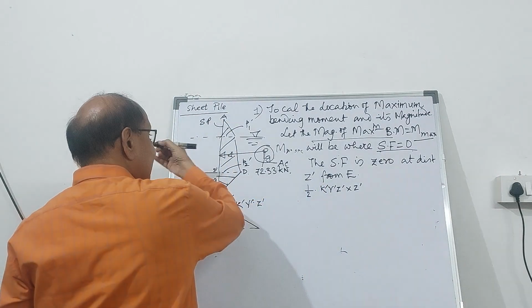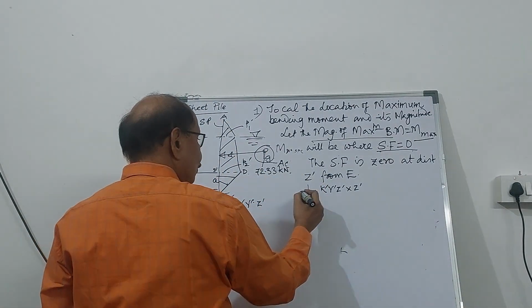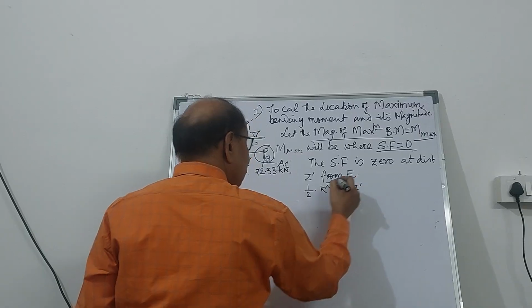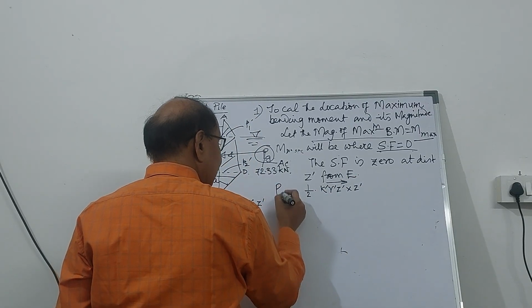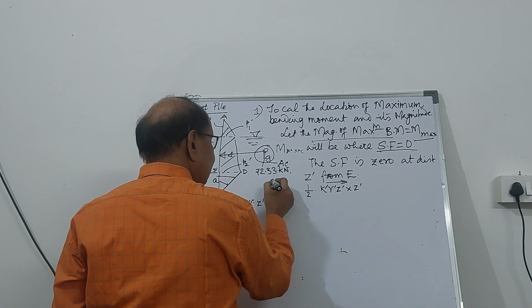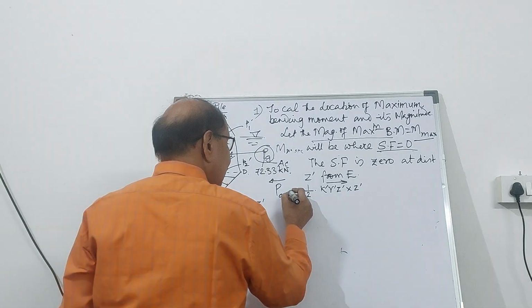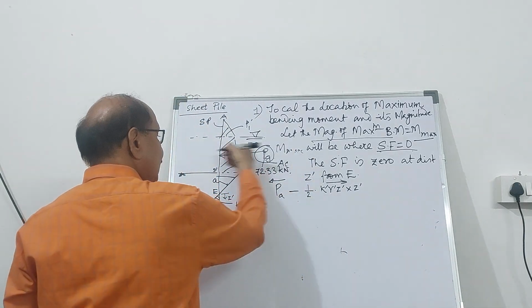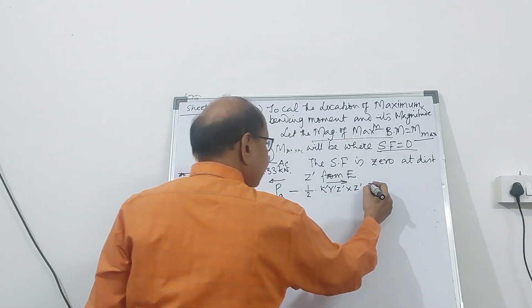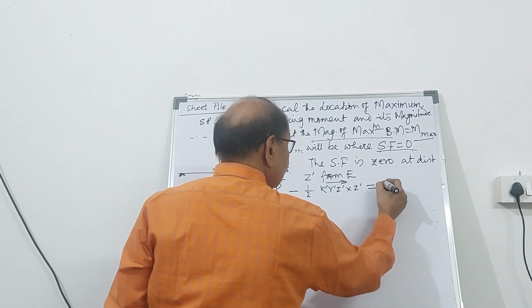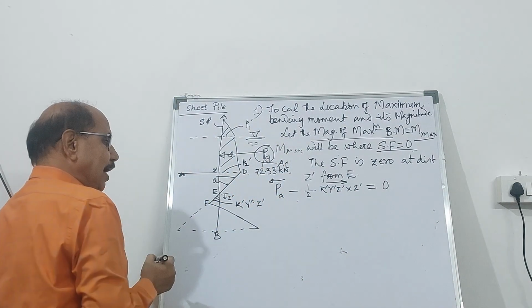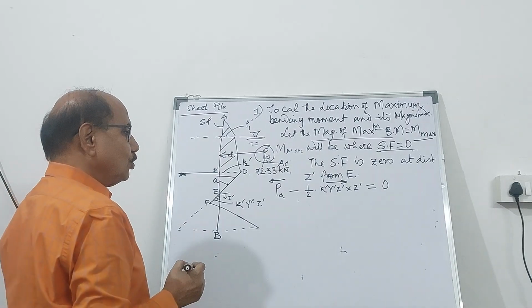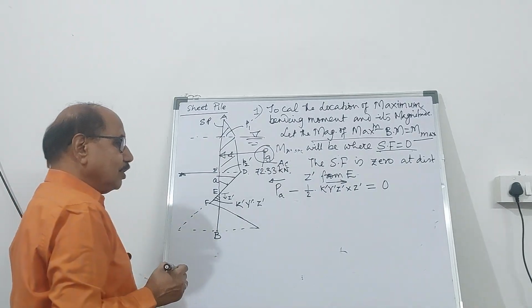And now on the left hand side, the force is the active force. This is acting like this, and PA is acting this way. So if I take this force as positive, this becomes negative, and the sum must be equal to 0. So at Z prime, the force equals 0.